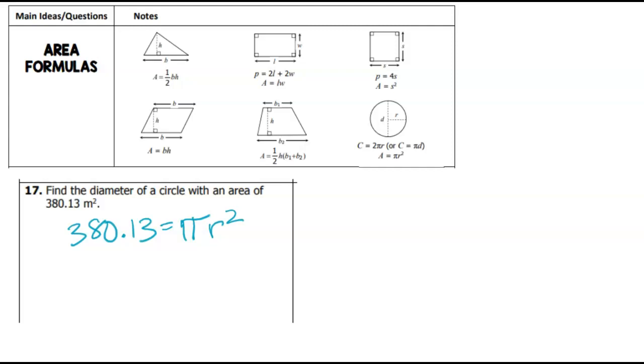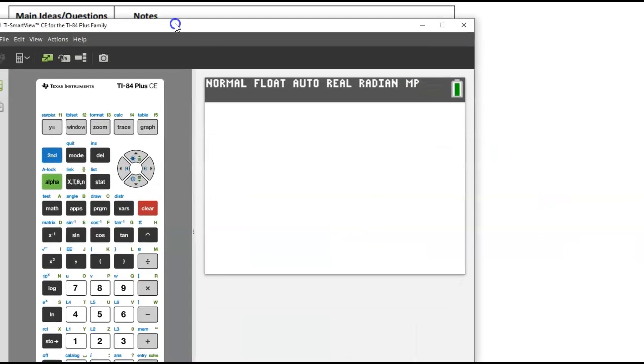So what I can do to isolate r is treat pi like a regular number. It's in front of r and it's being multiplied, so I'm going to divide both sides by pi. Now, in my calculator, I can use that pi button, so I can take 380.13 and divide by pi. And then I get that number.